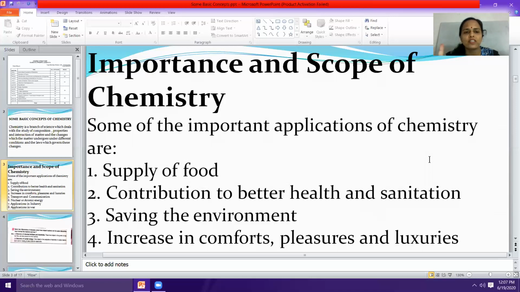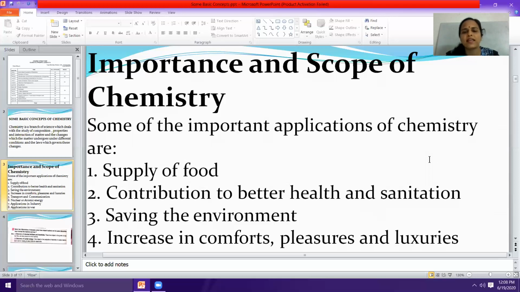Let me come to the second application, that is contribution to better health and sanitation. So it has provided mankind with a large number of life-saving drugs. Today, dysentery and pneumonia are curable due to discovery of sulfa drugs and penicillin.